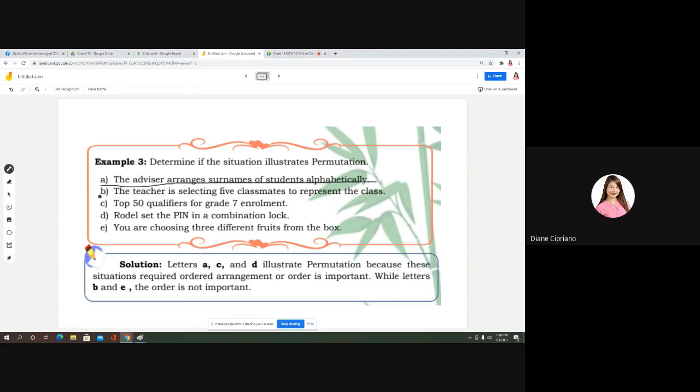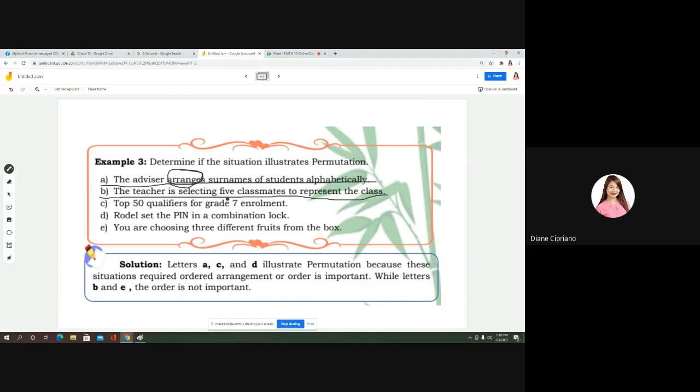Hans, permutation or not? Januel? Not po, ma'am. Nag-arrange ng surnames eh. Yes po, ma'am. Yes.